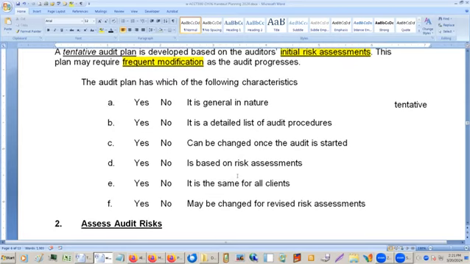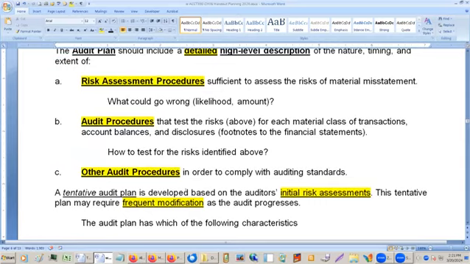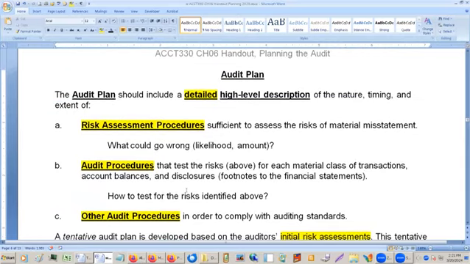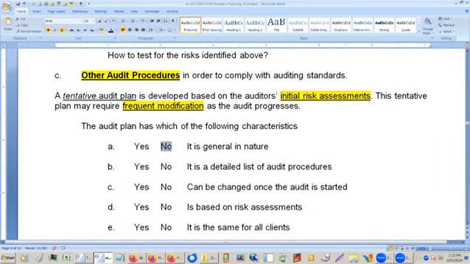Okay, so which of the following characteristics? The audit plan, is it general in nature? Nope. It's detailed. So it is not general in nature.